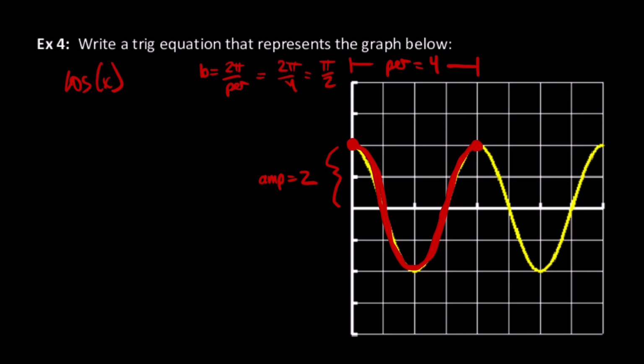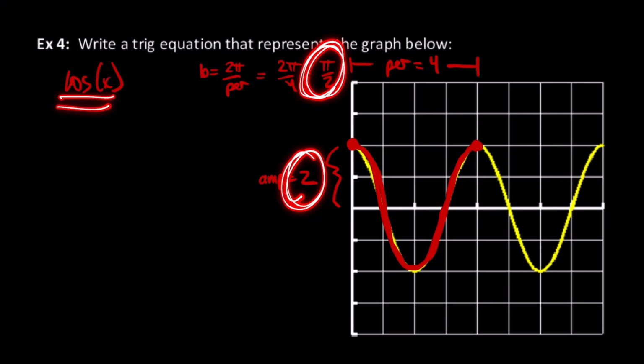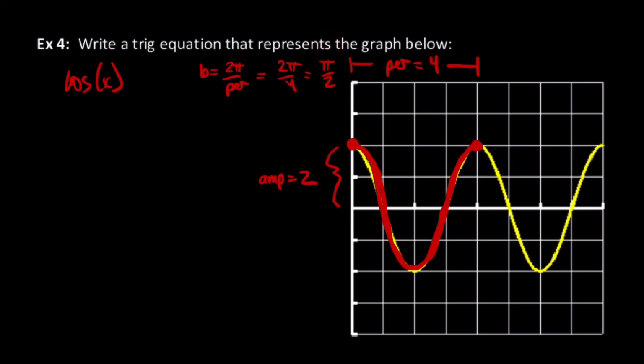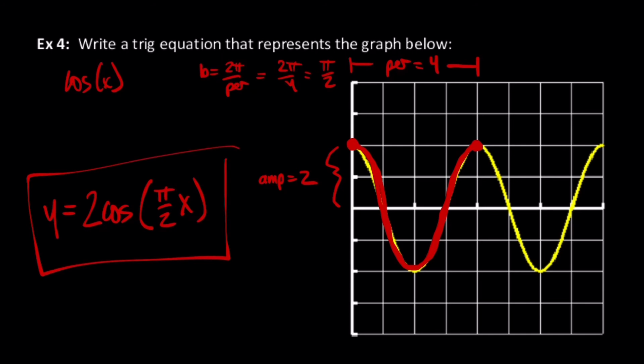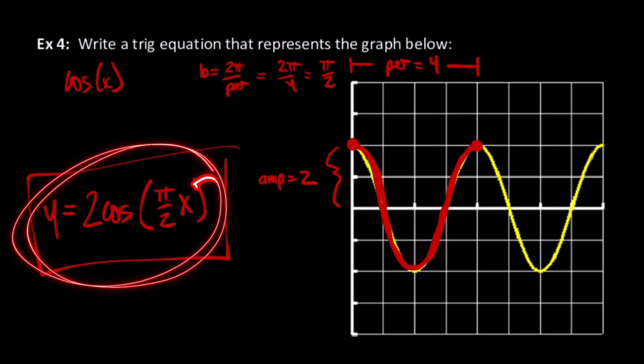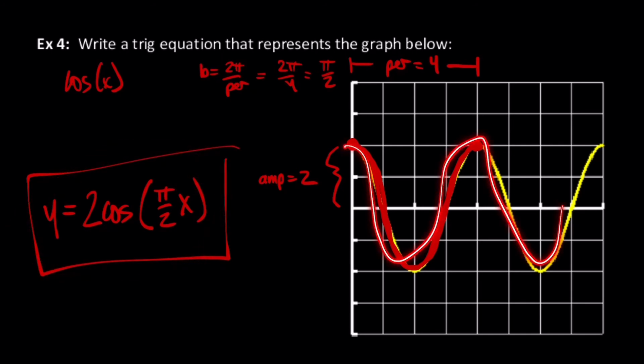I'm going to make this as easy as possible. So there's my b term, there's my amplitude or my a term, and it's a cosine. So that's pretty easy. Y equals 2 cosine, and then parentheses, your b term, pi over 2x. That's it. Plug that into your calculator, double check in this window, and you get this exact graph right here.